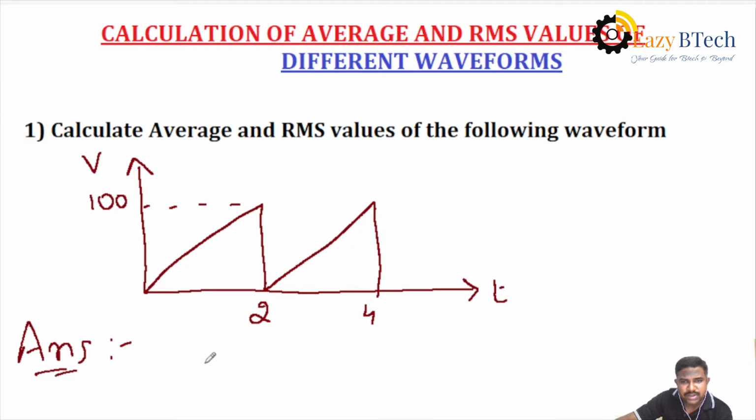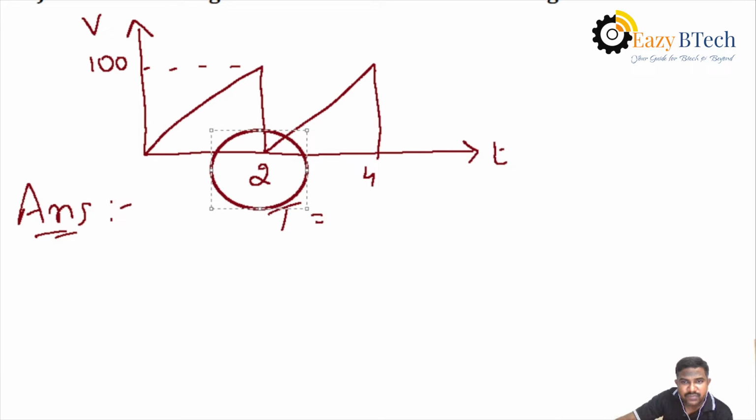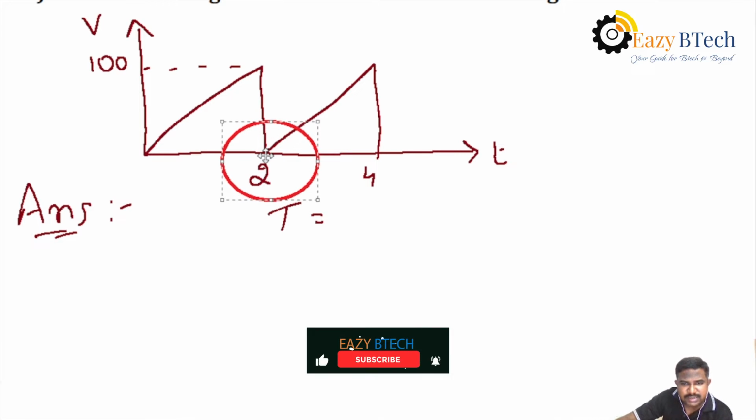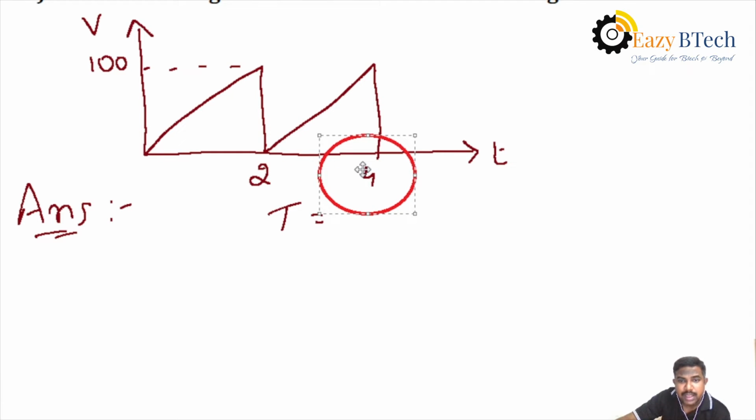Before going to the formulas of average and RMS value, you must find out the time period of the given waveform. In the above waveform, the time period is 2 seconds. Why? Because after 2 seconds, the same waveform is repeated, continuously repeating at particular instants of time.